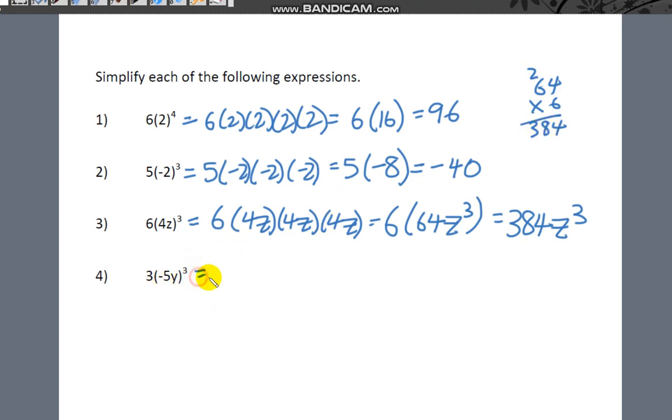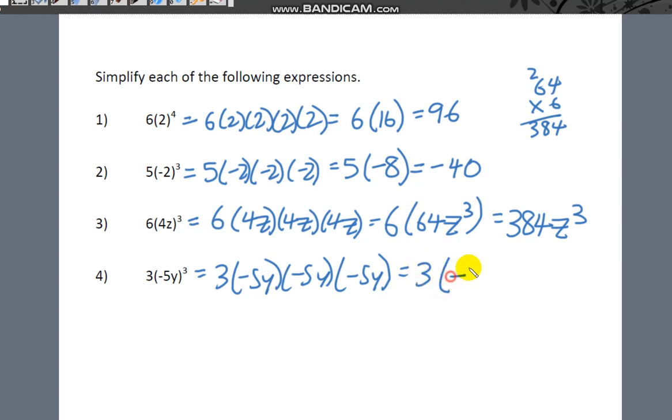This one. So number 4, so 3 times negative 5y cubed. So if I were to expand that, that's 3 times negative 5y times negative 5y times negative 5y. Okay, so same idea. So you want to do negative 5y cubed, so it's negative 5y times negative 5y times negative 5y.